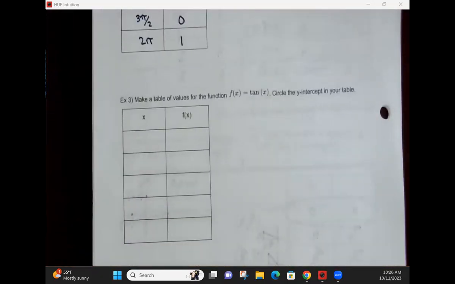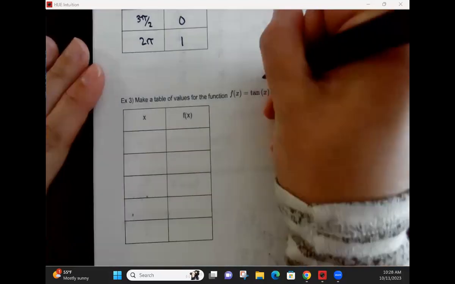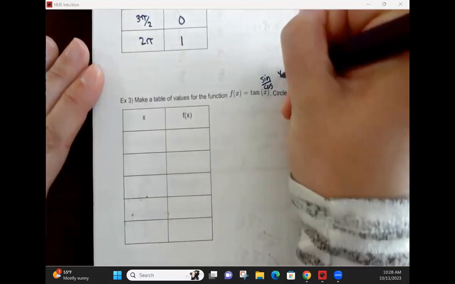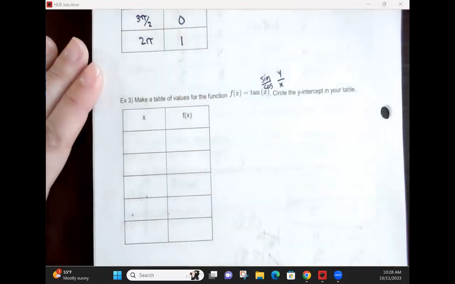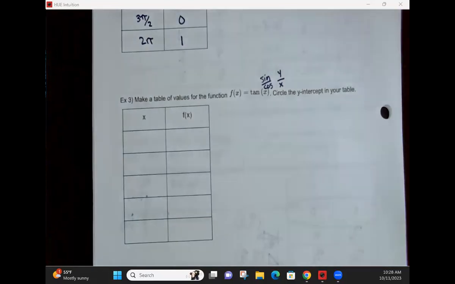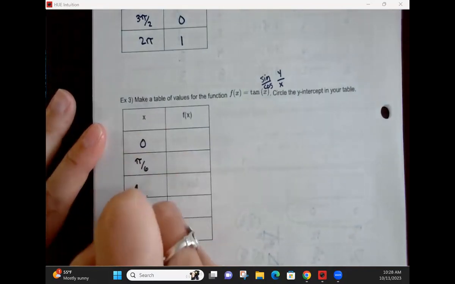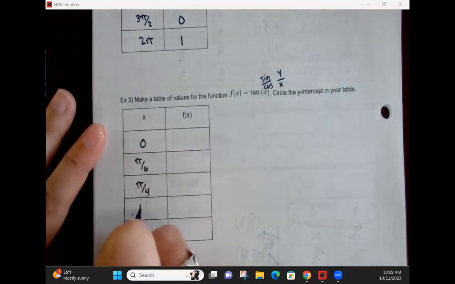Last table we're going to make today, let's make a table of values for tangent. Tangent, remember, is the ratio of sine to cosine. So tangent is sine over cosine. So we're going to be looking at the y value over the x value. And we'll do first quadrant again. We'll do 0, pi over 6, pi over 4, pi over 3, and pi over 2.